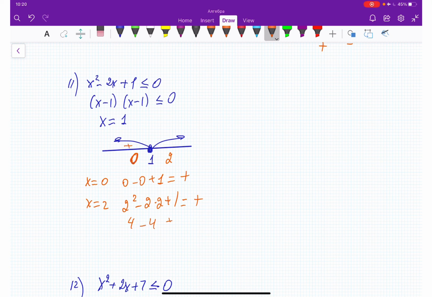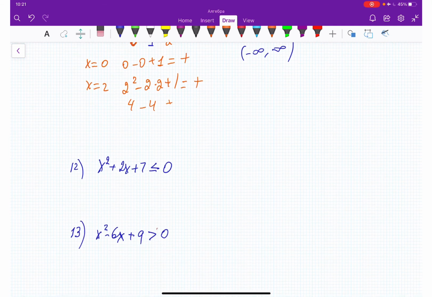So we get positive and positive, which means the solution is x from -infinity to +infinity. Which means the interval will be negative infinity, positive infinity.